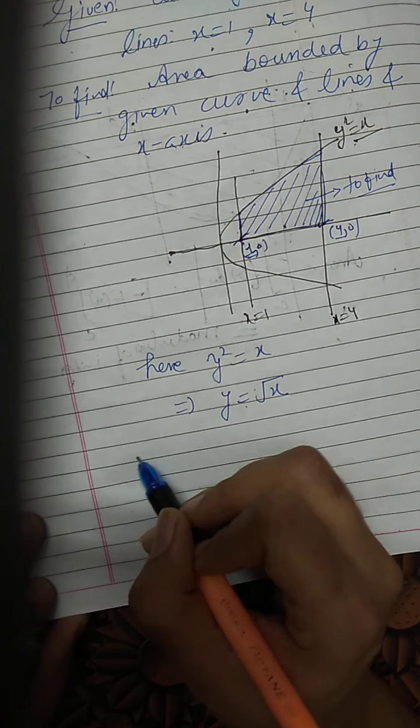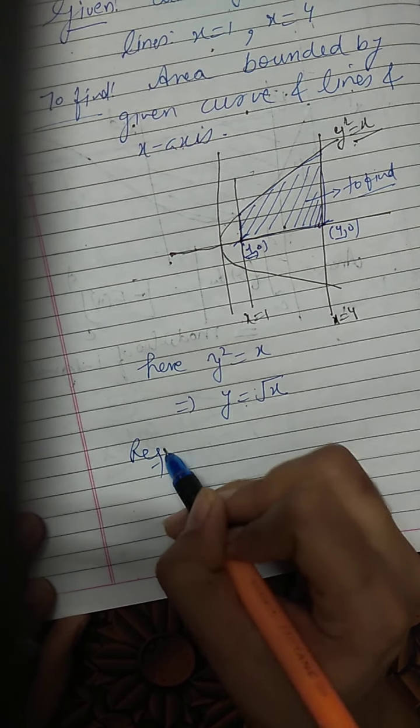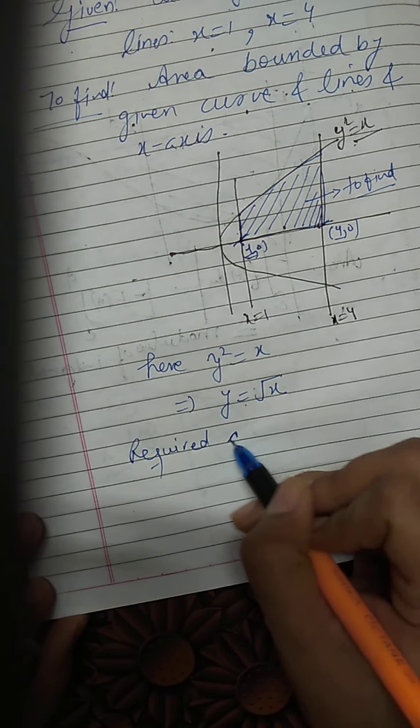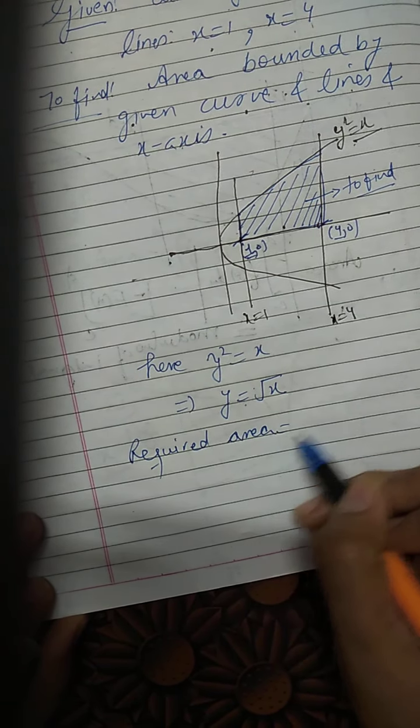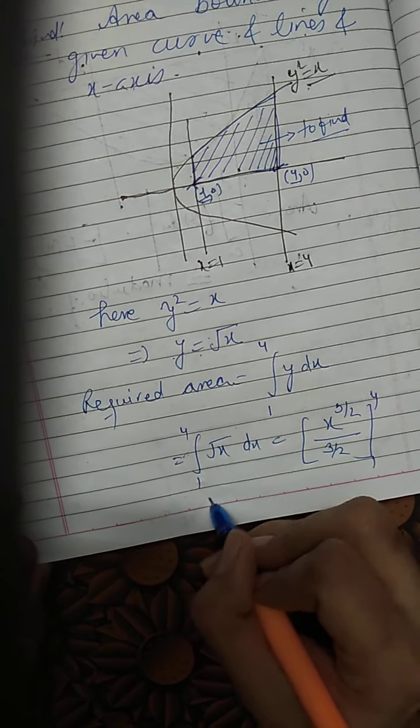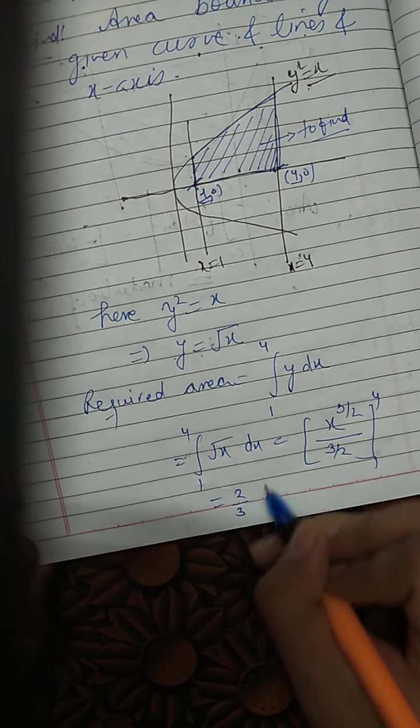So we will write down the required area. It will be the integral from 1 to 4 of y dx, and y is root x, so it will be the integral from 1 to 4 of root x dx. We know the integration of root x is x raised to power 3 by 2 divided by 3 by 2, with limits 1 to 4. So it equals 2 by 3 outside.